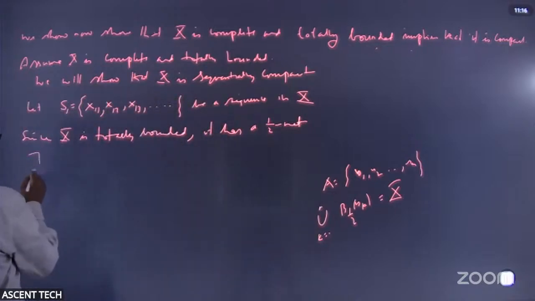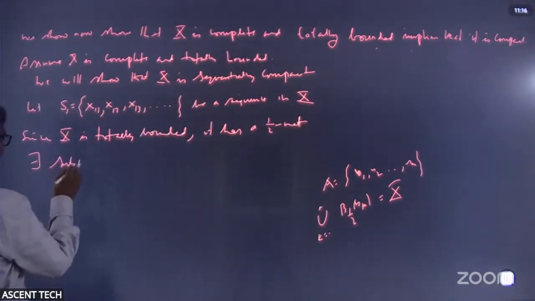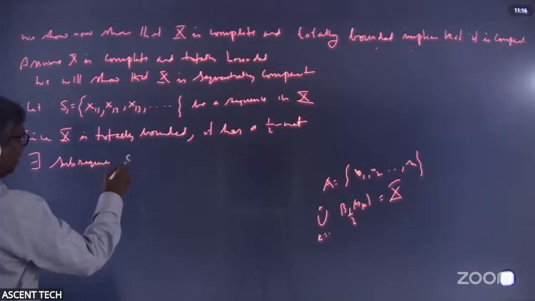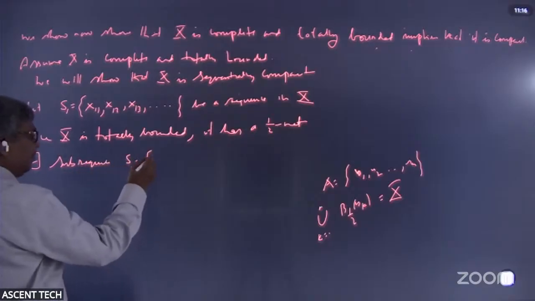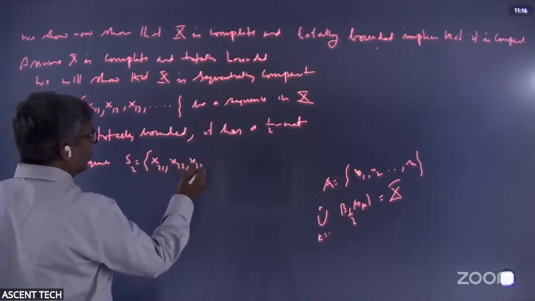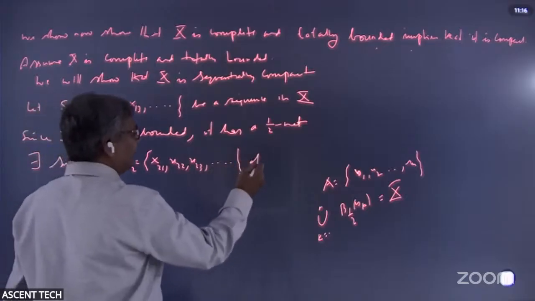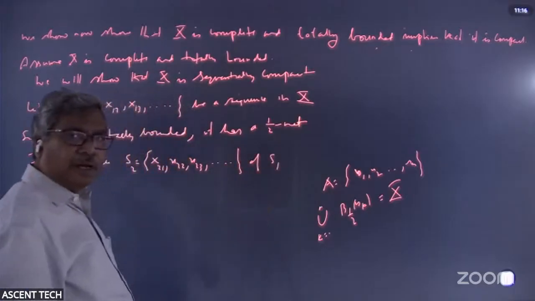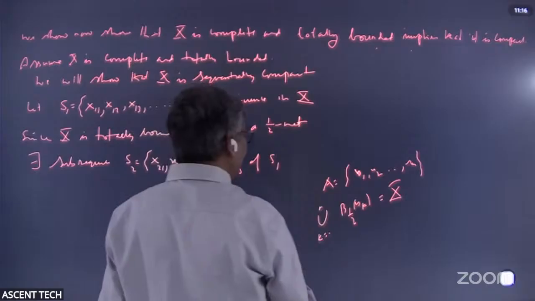So there exists a subsequence. I call that S2, consisting of X21, X22, X23, etc. of S1, which will all be within a half ball.